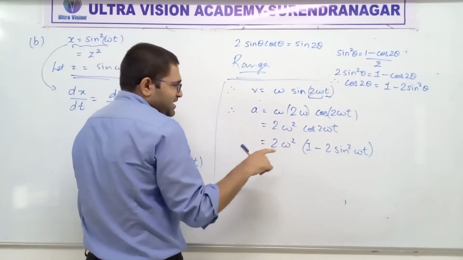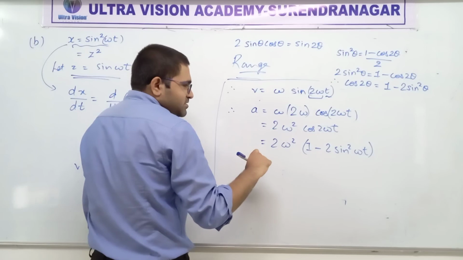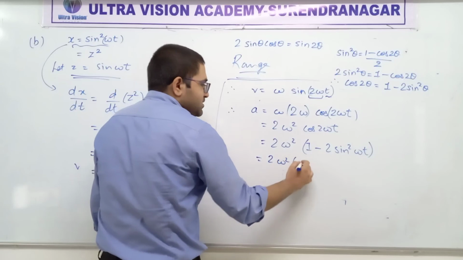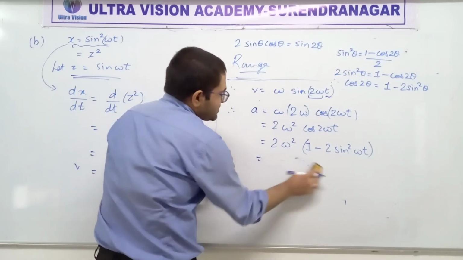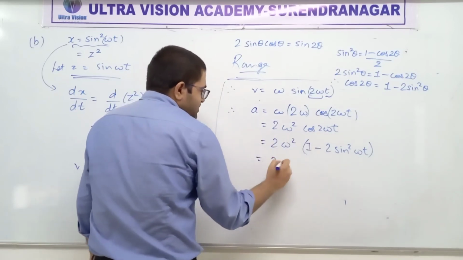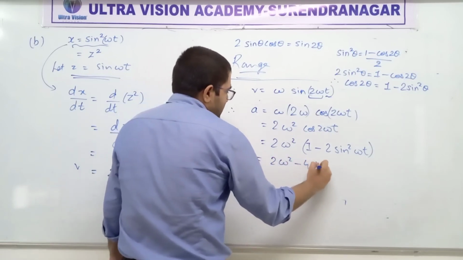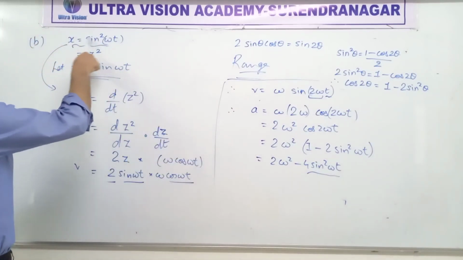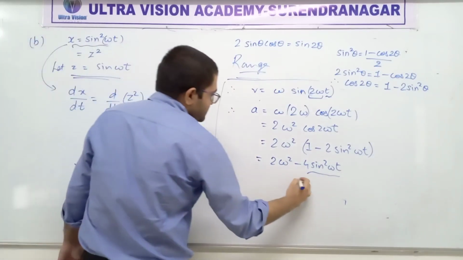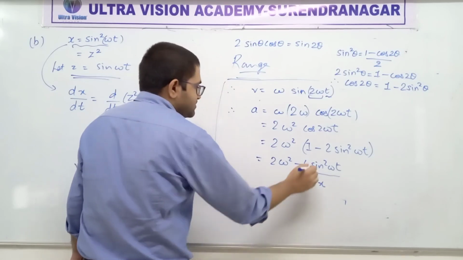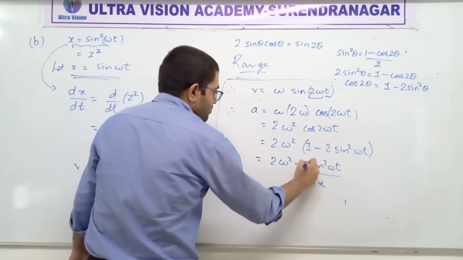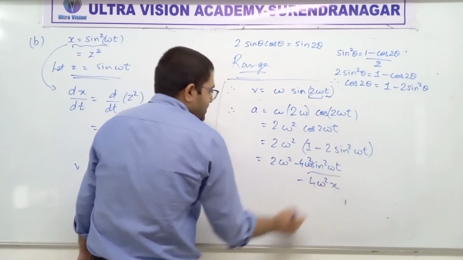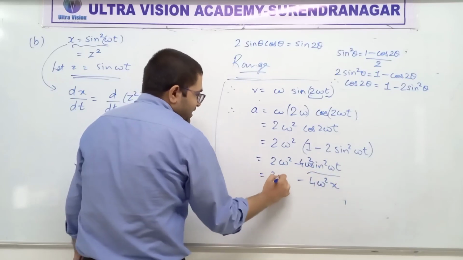So what we are getting is, if I take 2 omega square and 1 minus, and just multiply this inside, so 2 omega square minus 4 sine square omega t. This sine square omega t is x.